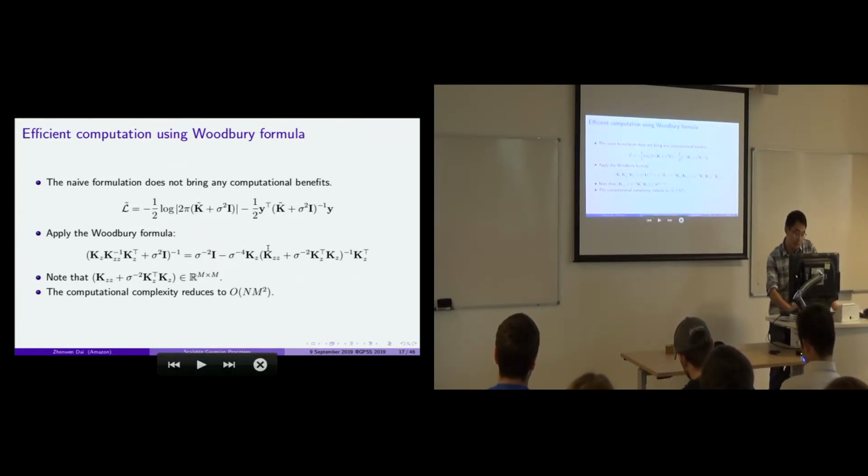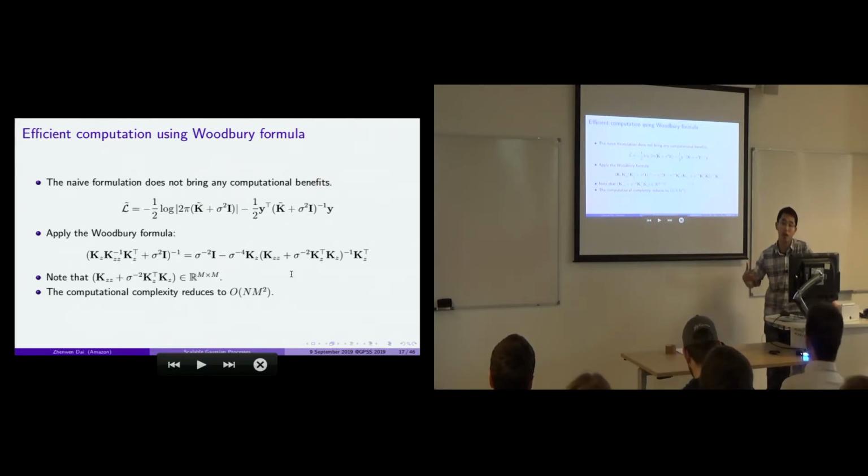What it does is rewrite this inversion into this form. The important thing here is that the middle inversion part is an M by M matrix instead of N by N. So the calculation of this log likelihood is reduced to a complexity of NM squared, because you don't have to invert a covariance matrix of N by N anymore.